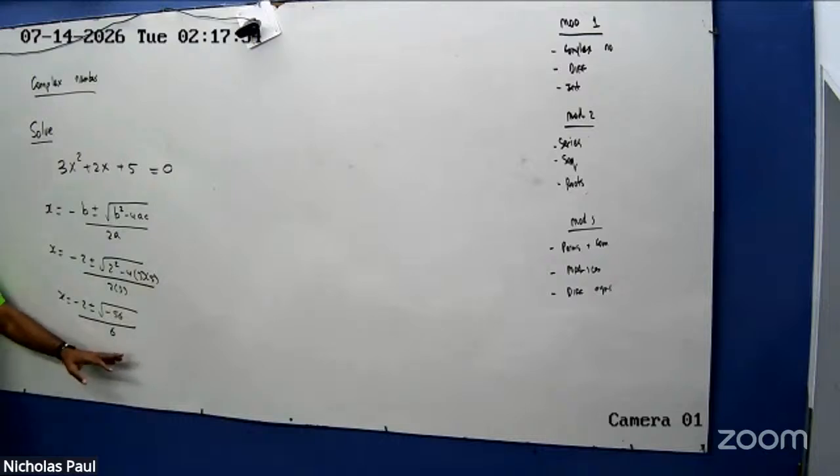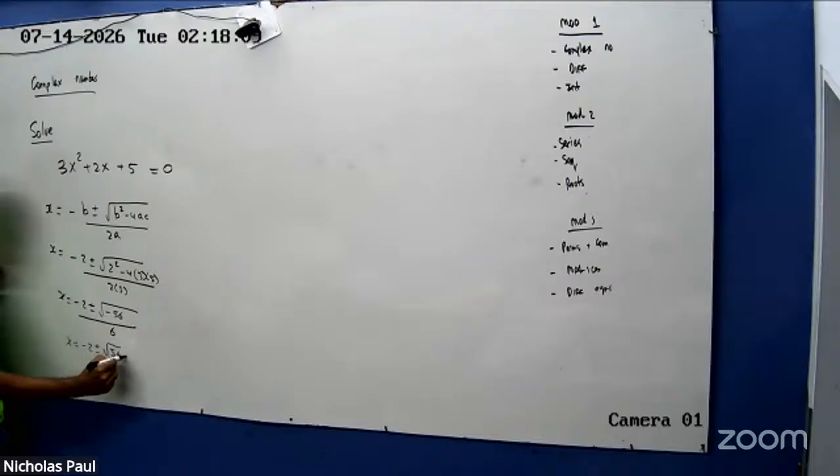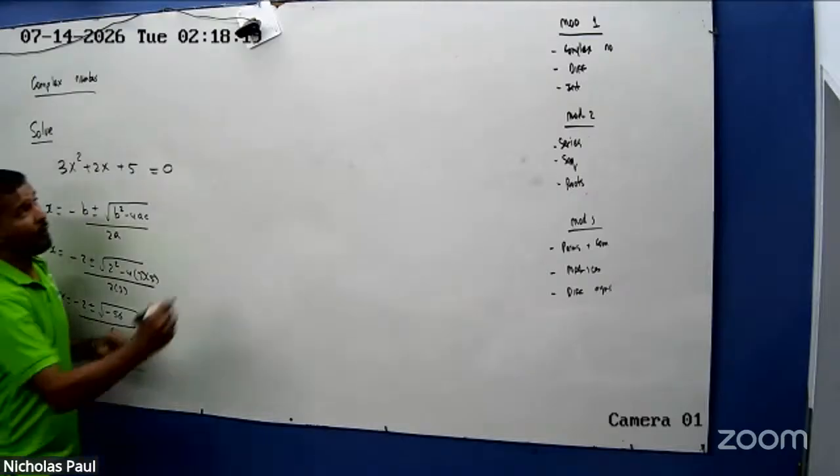So the problem now is that if this goes to the calculator initially, you can't work it out. So in order to handle things like this, x is equal to minus 2 plus or minus the square root of 56 times the square root of minus 1. We're separating the minus 1 and the 56.